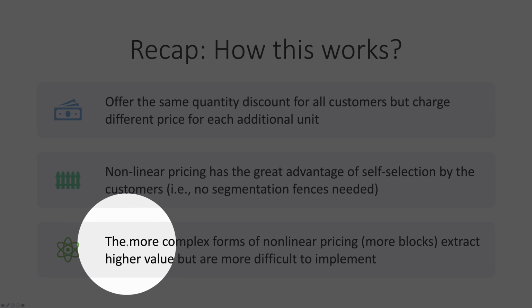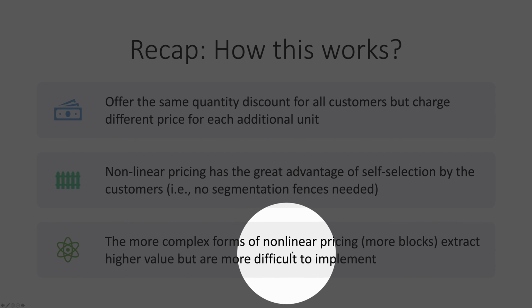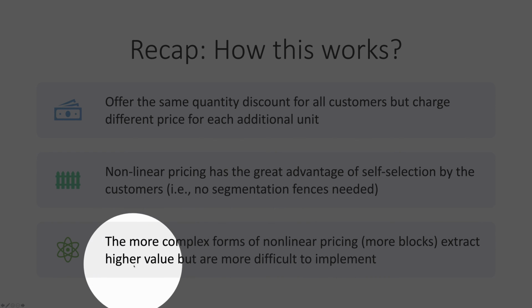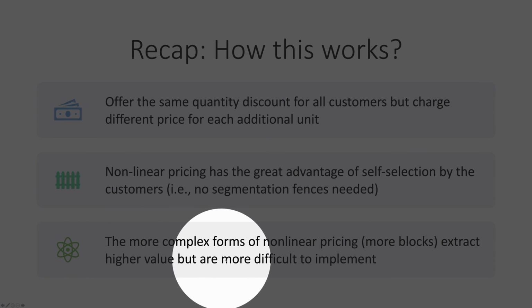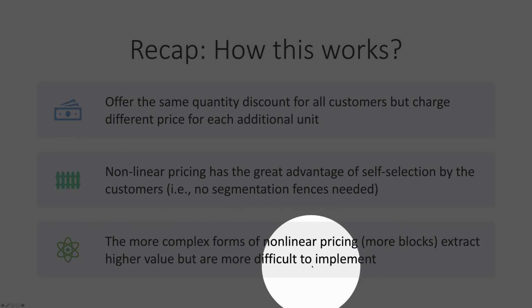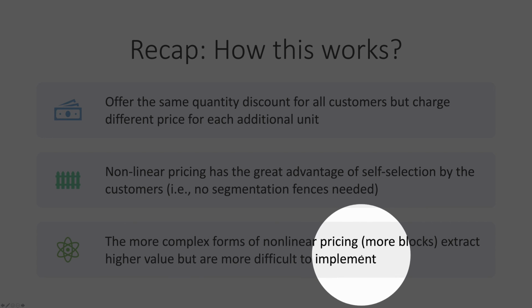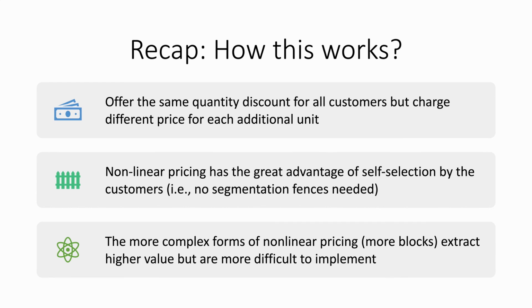The question here is the more complex the nonlinear pricing is, you can earn a higher profit, but it will be more difficult to implement, which means it may be more error prone and customers may not respond to it as well because the pricing scheme has become so complicated. So there is a balance there to strike.